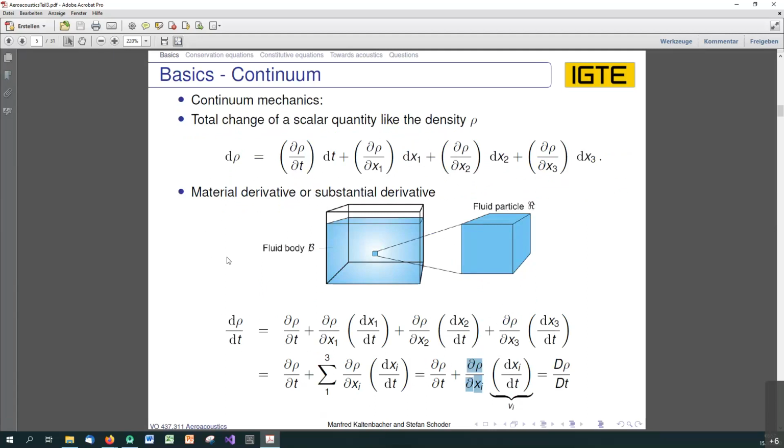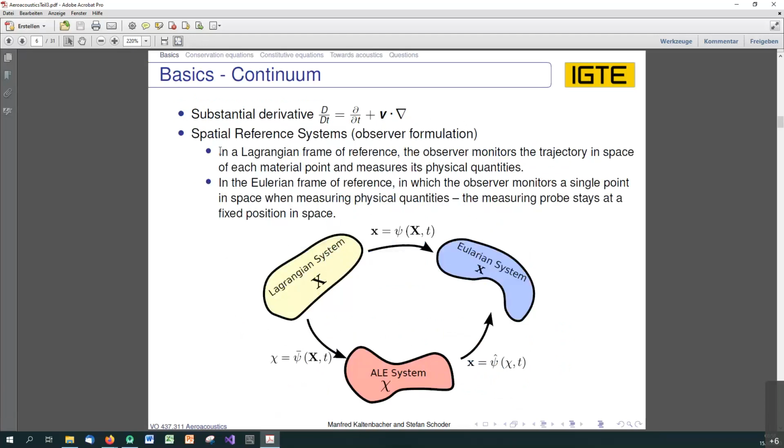The material derivative, once again, is the sum of the partial change with respect to time and the convection. Then in continuum mechanics, here again, you have the definition of the substantial derivative, that we have here the time change, and here the velocity, which convects the spatial change.